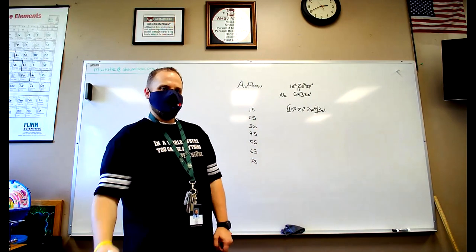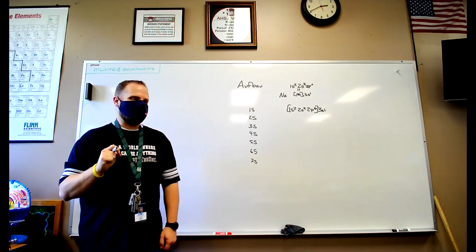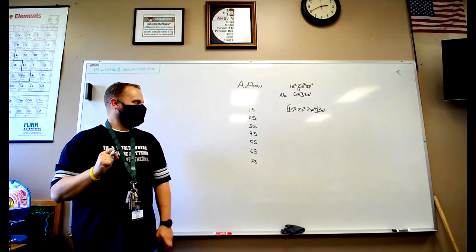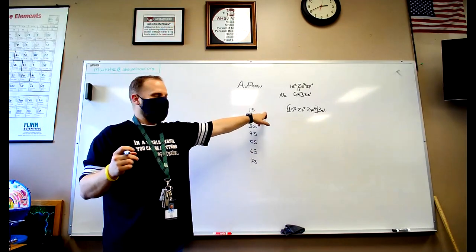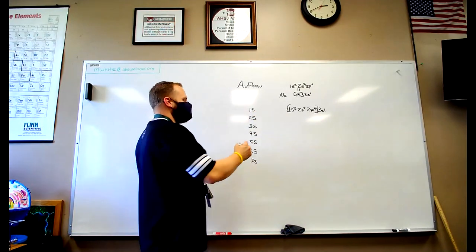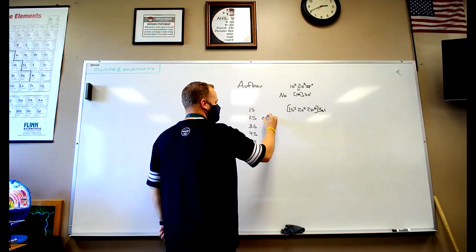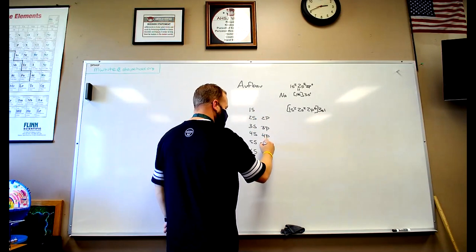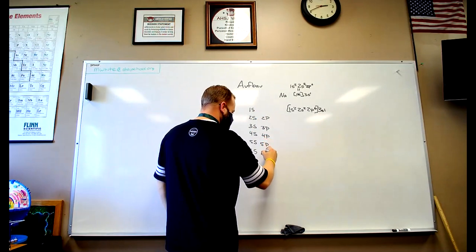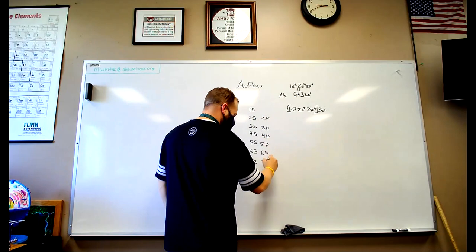Okay? Because there are 7 s orbitals that we can fill. Now, is there a 1p orbital? No. It starts at 2. We have 2p, 3p, 4p, 5p, and 6p, 7p. Okay.